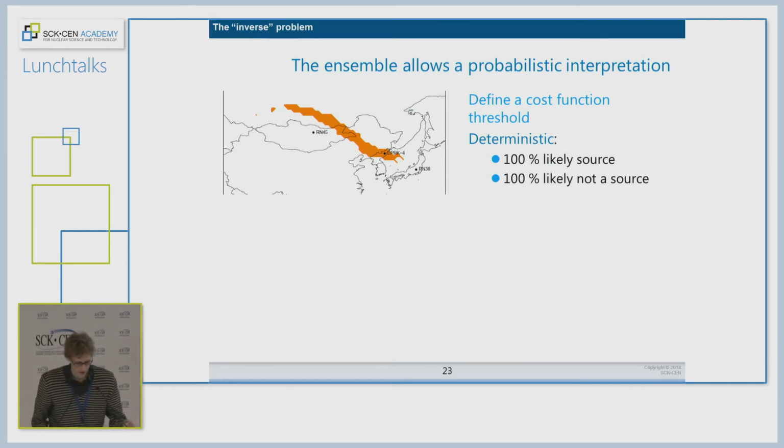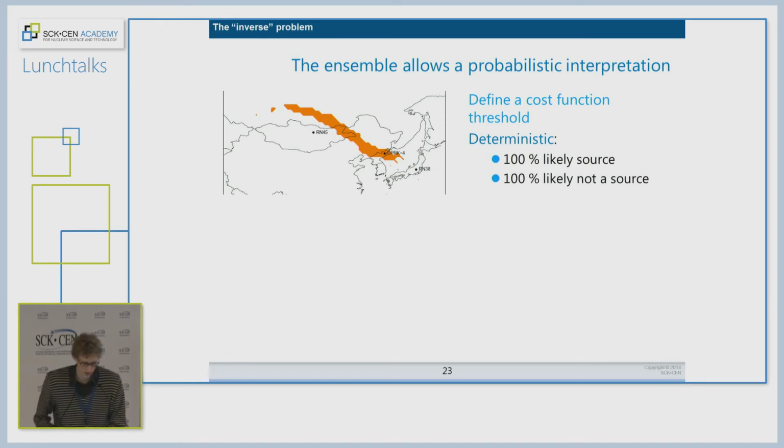The deterministic simulation gives the area where a source is 100% likely to be compatible with the observations, and the white area shows where the grid boxes are 100% sure not a source compatible with the observations.